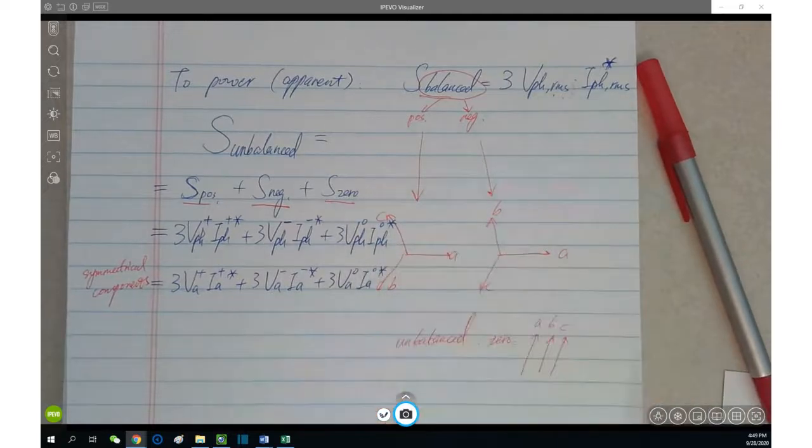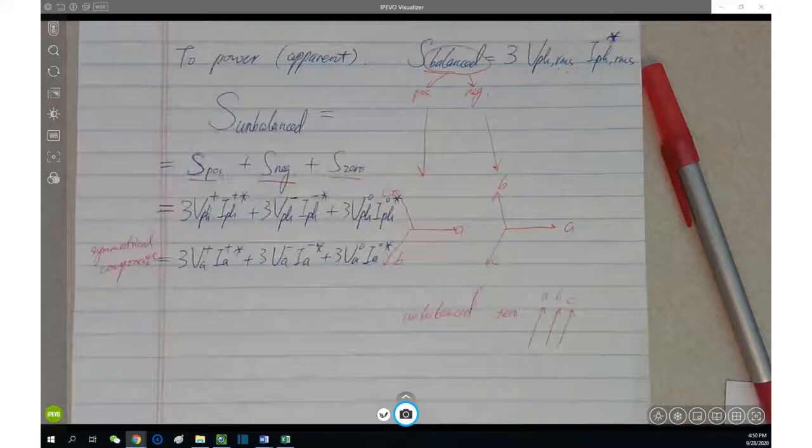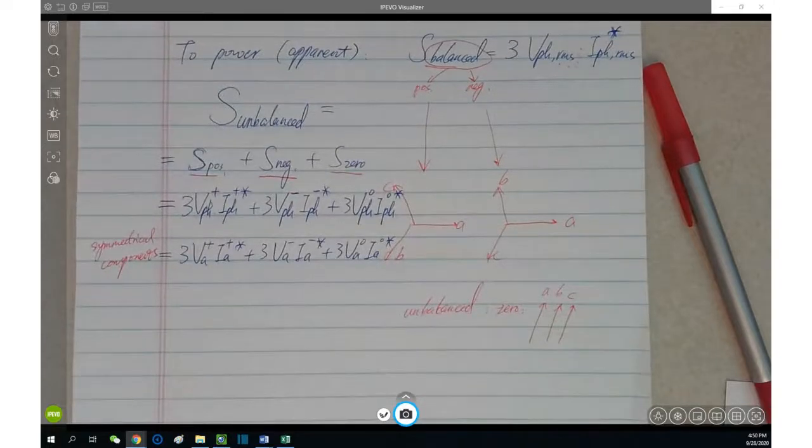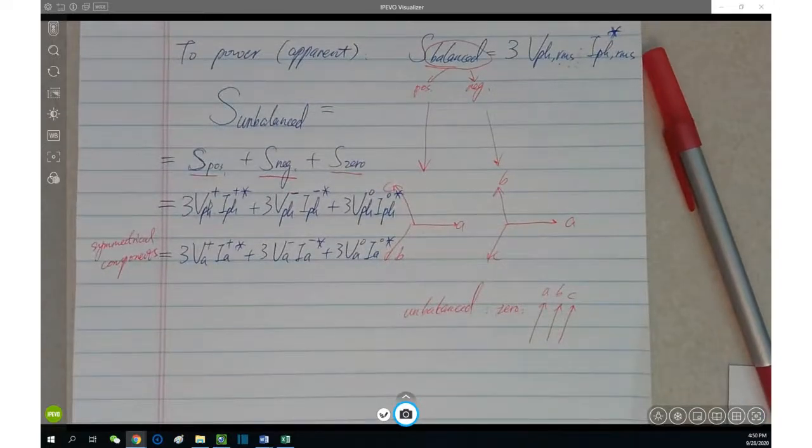Right. Here we go. This is the power. This is how we calculate the power. Does it make sense? How we deal with the power? So we basically sum up the three different sequence powers.